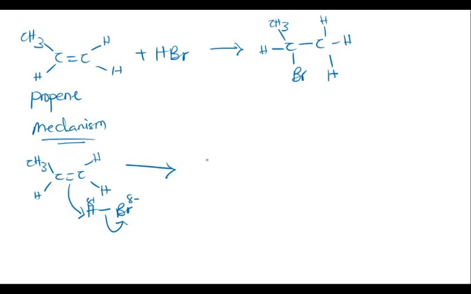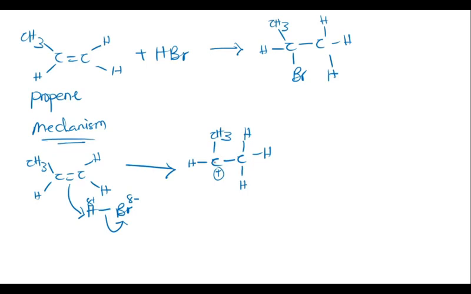So we have our carbon-carbon single bond, then our CH3 over here, and our hydrogen over here. Now because this reaction goes by a Markovnikov addition, the hydrogen will attack the less substituted carbon, which means this carbon, because it has two hydrogens. So that hydrogen comes over here, leaving a positive charge on this carbon.